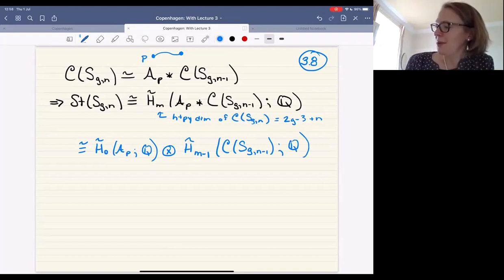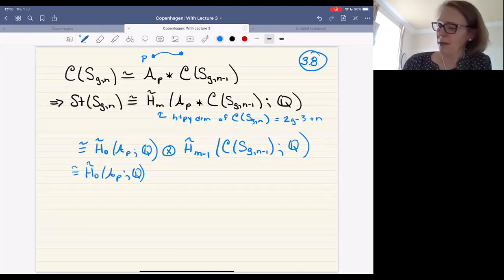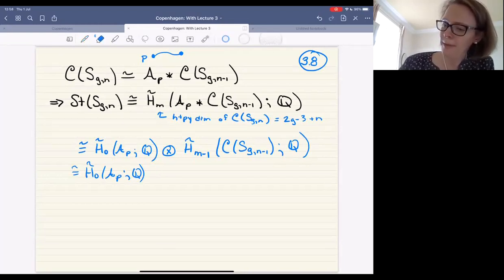Okay. So then you say, well, we'll just keep that first factor for now, and say something a little bit about that. And this, of course, is just the Steinberg module.